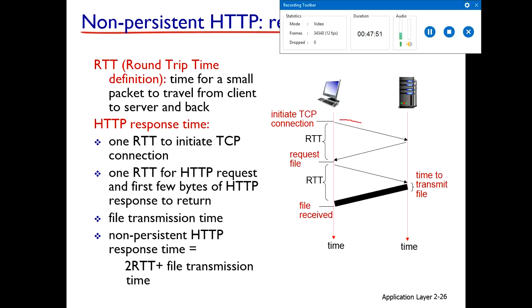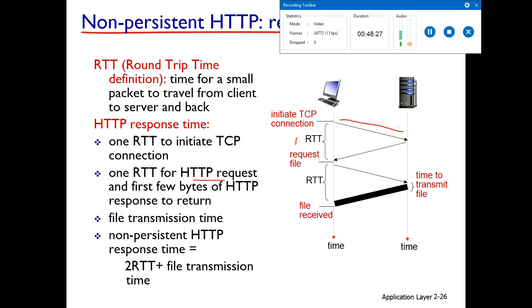For example, between when a request is sent from the client to the server and the response is received by the client, that is 1 RTT. Similarly, a request for a file is sent and the file is transmitted, that is another RTT. So 1 RTT is used to initiate the TCP connection between client and server, and 1 RTT for the HTTP request and the first few bytes of the HTTP response to return.